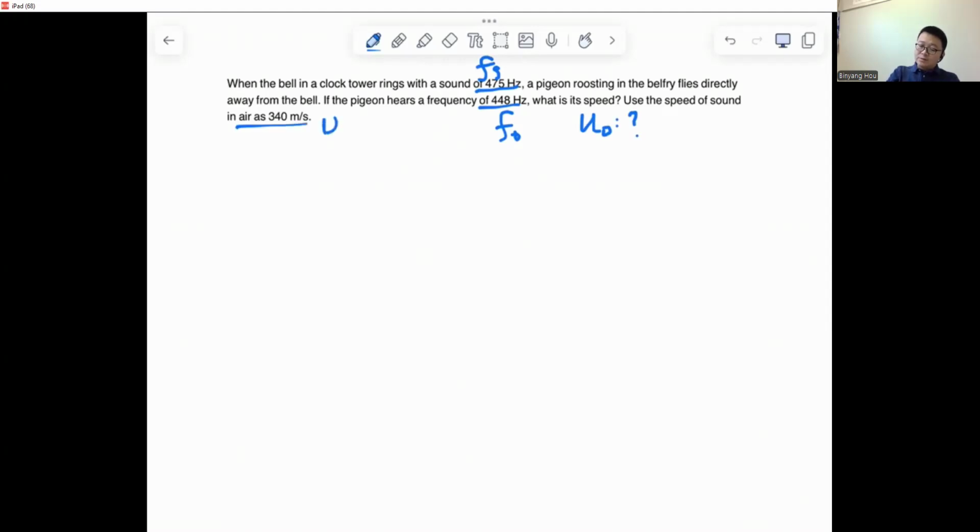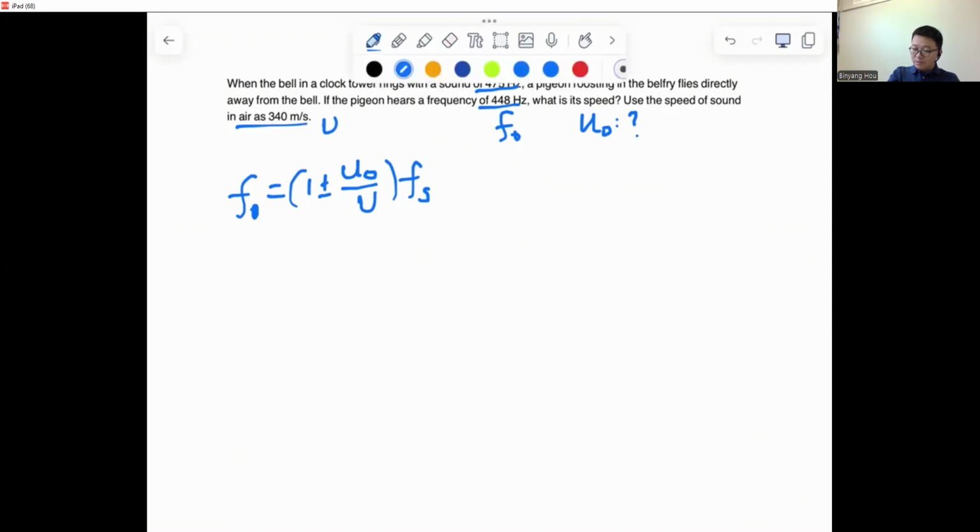All right. So in this case, the observer is moving. So the frequency heard by the observer is equal to 1 plus or minus u of o over v, times f of the source. Now for f of o, because this observer is flying away, we'll take the minus, so not the positive.